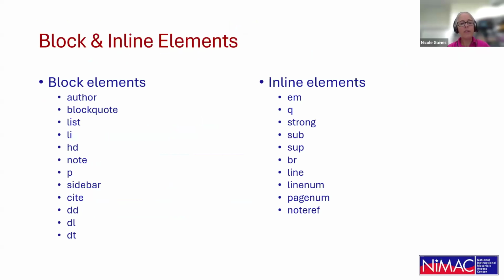However, I would just note that if you skim through these, and you think, I don't think I've ever used some of these tags, or I'm not sure what these tags are, that could be an indication that you may not be thoroughly utilizing the baseline element set correctly in your tagging, and that you may want to take a deeper dive into the specification to ensure that you have an understanding, as well as the DAISY structure guidelines, in terms of how and when to apply the tags correctly.